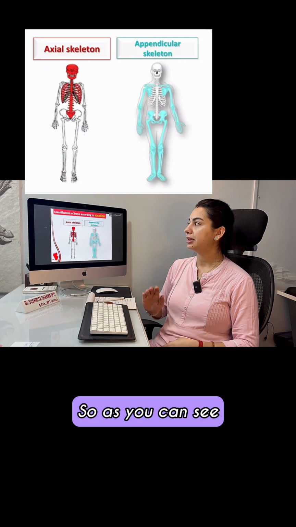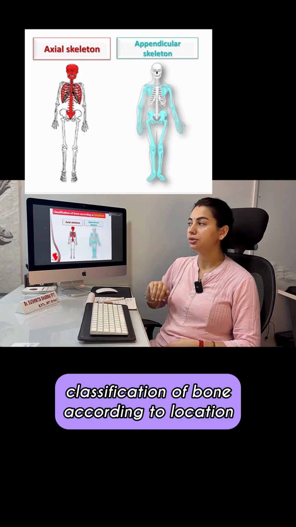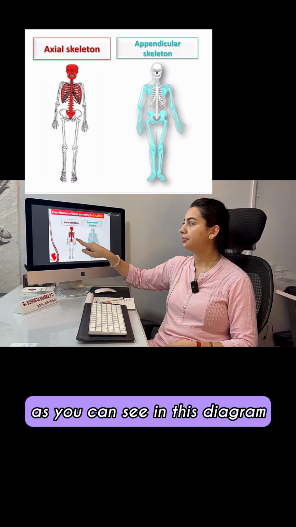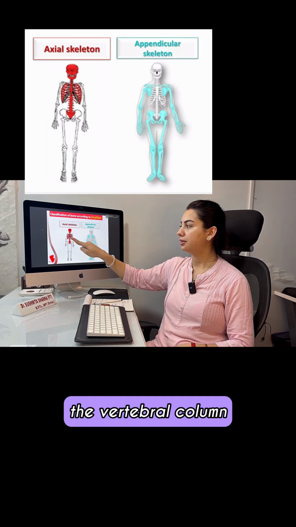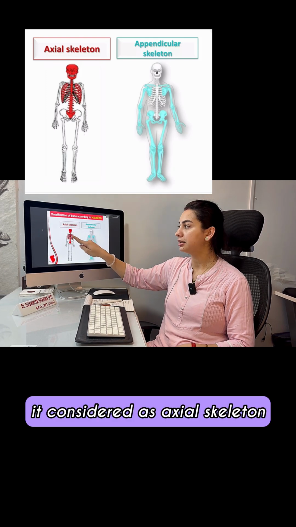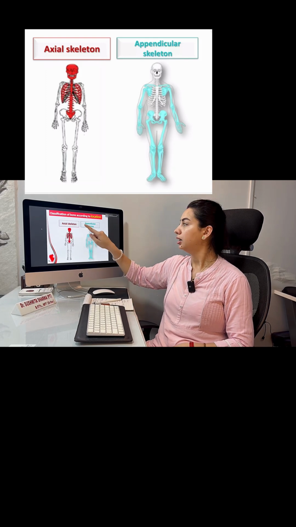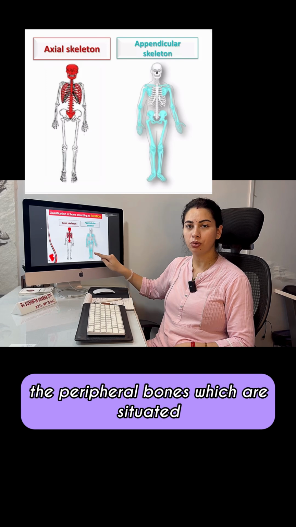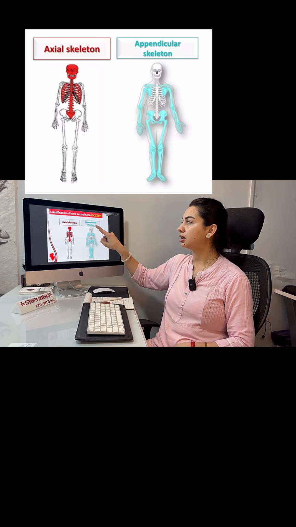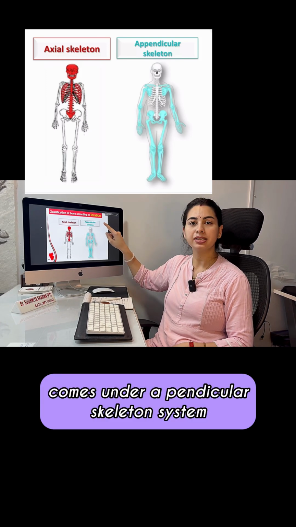As you can see in this diagram, the red portion, like the skull, the rib cage, the vertebral column, is considered the axial skeleton. And the blue portion, the peripheral bones which are situated, comes under the appendicular skeleton system.